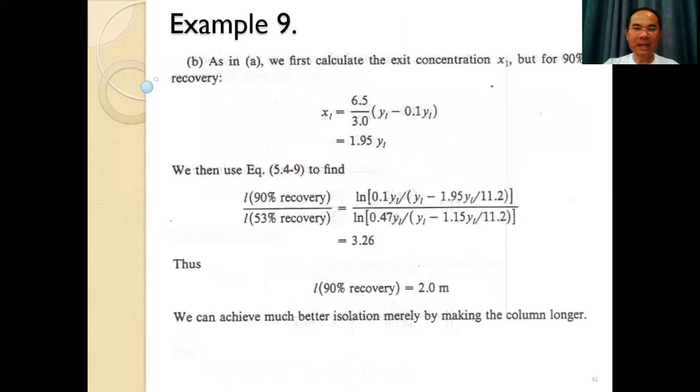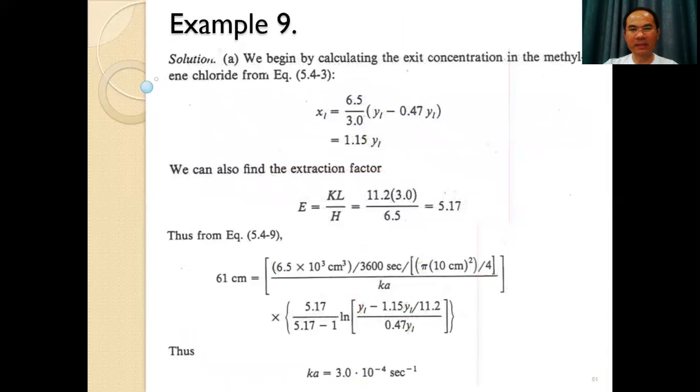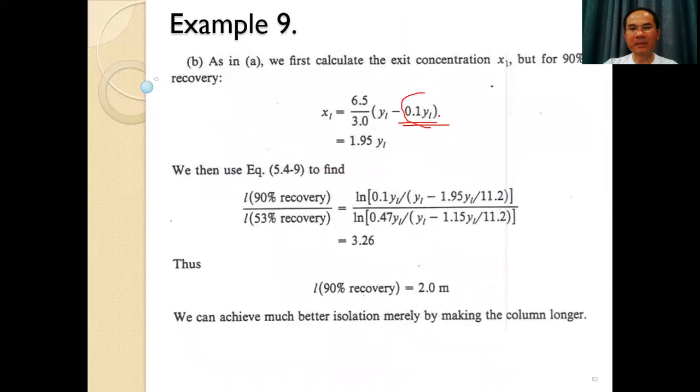Okay, for 90% recovery, you can use the same equation, but we change the value. 90% recovery means only 10% remains in the heavy phase. 90% is removed and goes to the light phase. That means it remains in the heavy phase at 0.1.